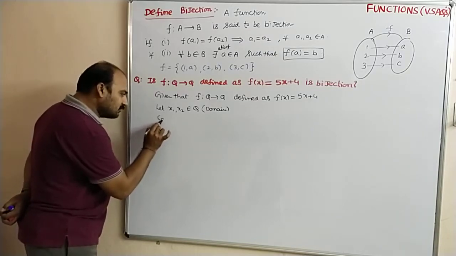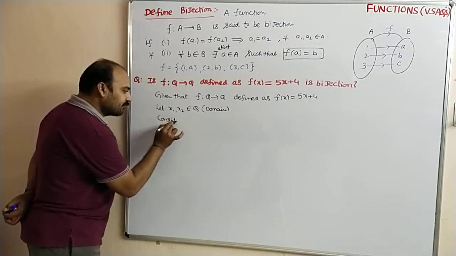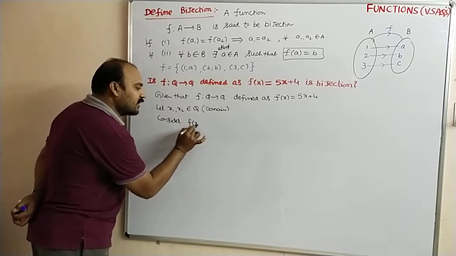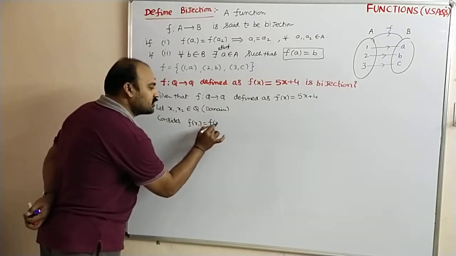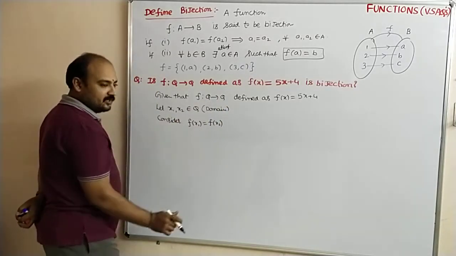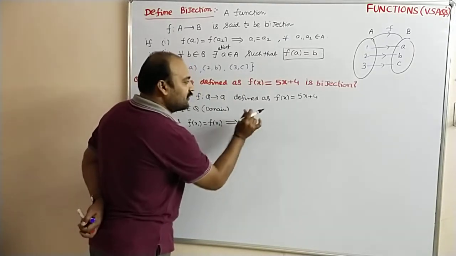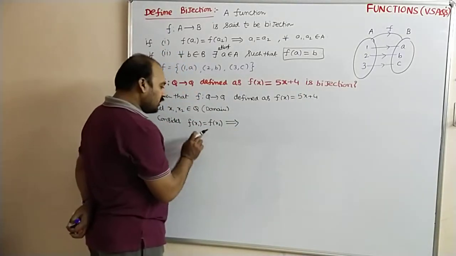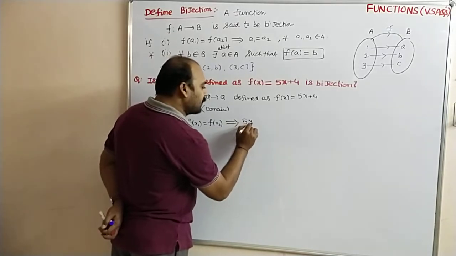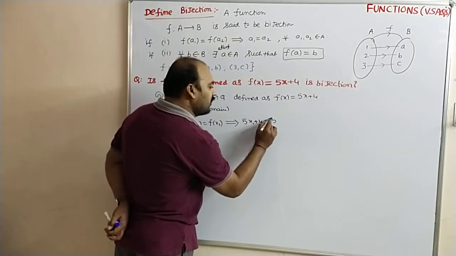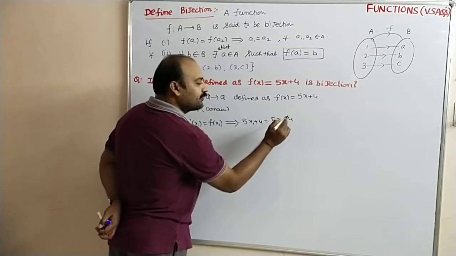Now consider f of x1 equal to f of x2, which belong to B, the codomain. Since f of x is 5x plus 4, f of x1 means 5x1 plus 4 equal to 5x2 plus 4.